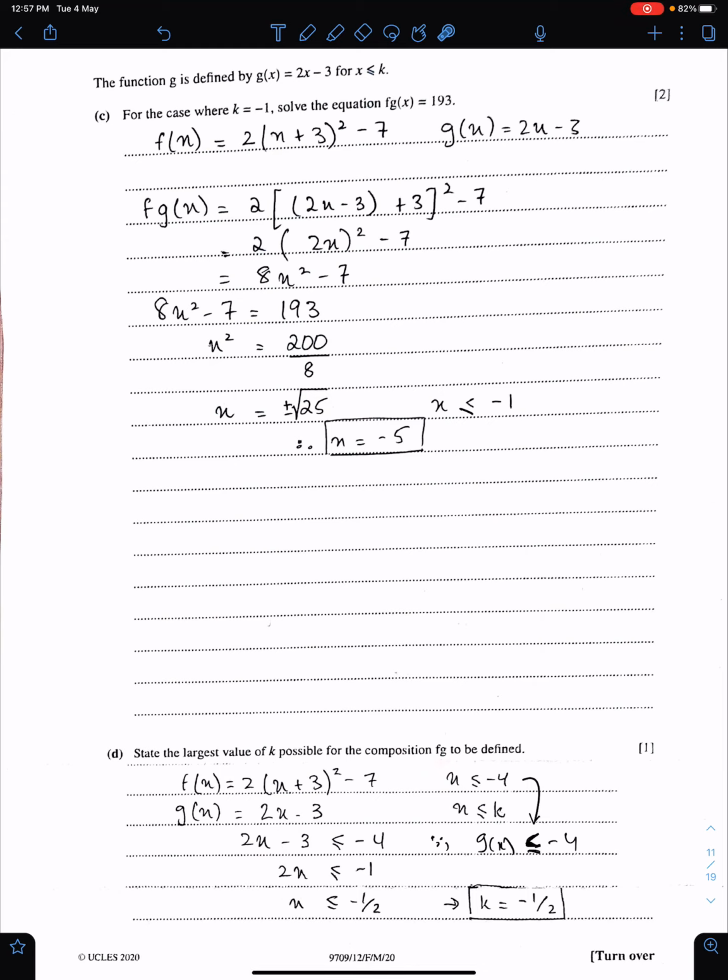This is the domain of f. This must contain the range of g. So you need to replace x by g. When you replace x by g, you will get this thing. g(x) less than or equal to minus 4.